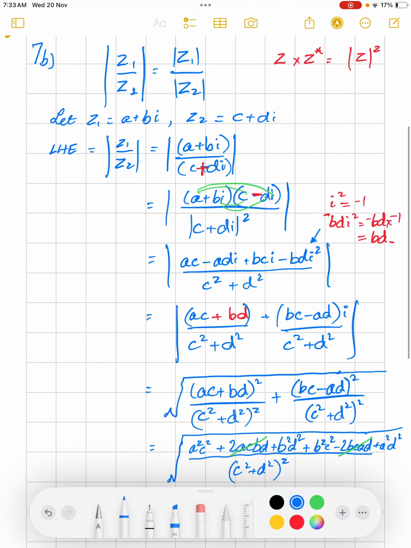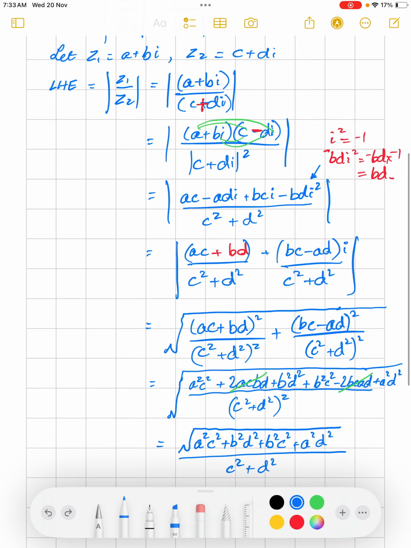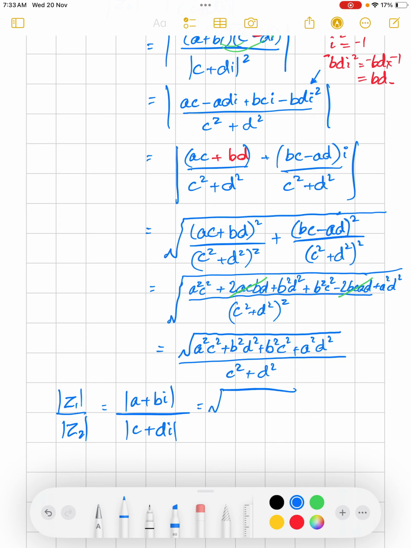So that becomes the modulus of A plus BI over the modulus of C plus DI, which is the square root of A squared plus B squared over the square root of C squared plus D squared.